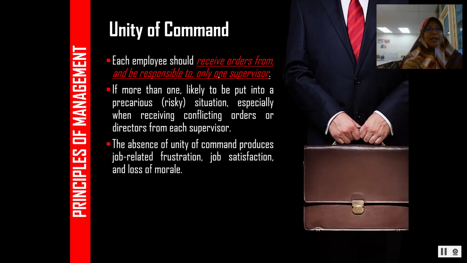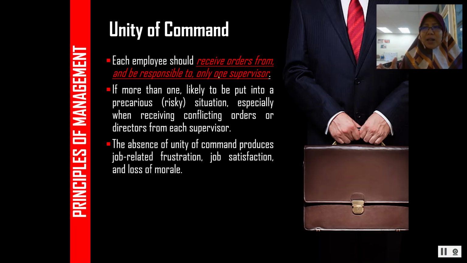Okay, so the next part is unity of command. So what is unity of command? Each employee should receive orders from and be responsible to only one supervisor. In other words, if more than one, the employee is likely to be put into a precarious, risky situation, especially when receiving conflicting orders or directives from each supervisor.